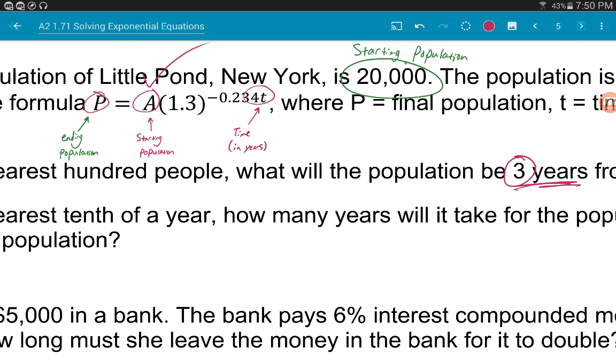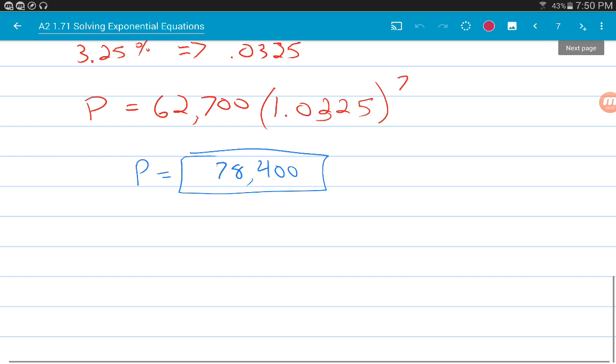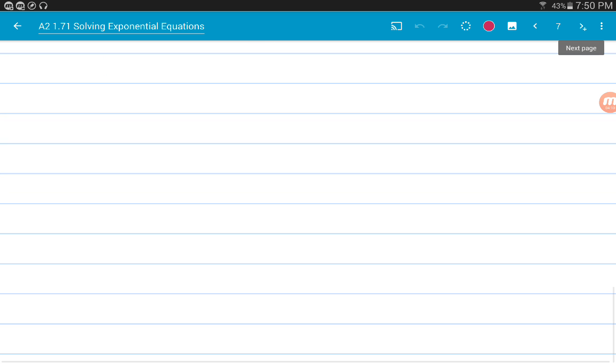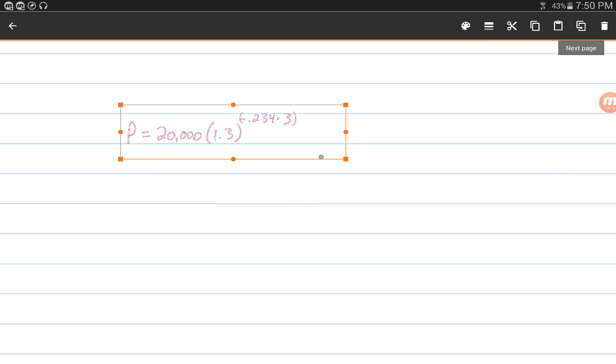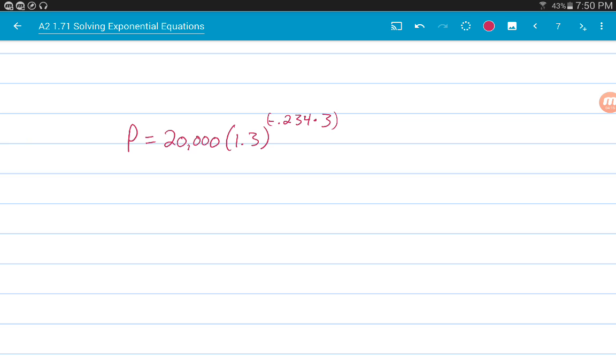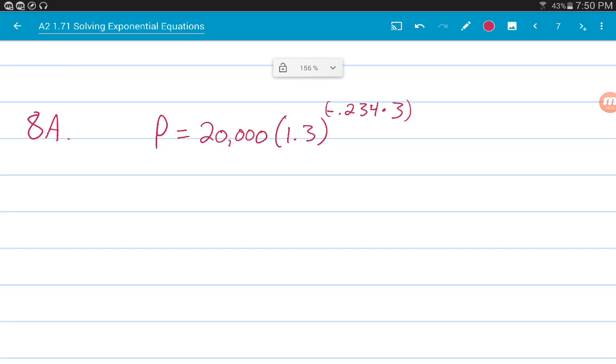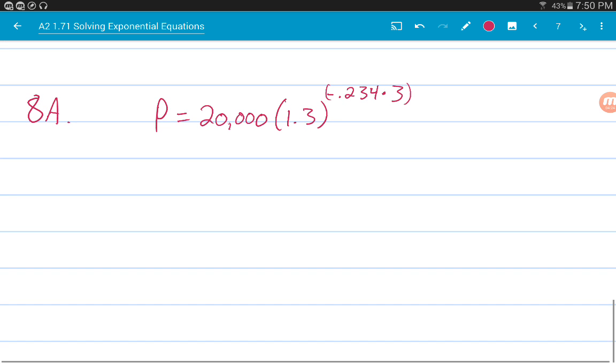I'll pull this over to my loose leaf just because I want some more room. This is for 8A. So we plug this in here. 20,000 times 1.3 raised to the negative 0.234 times 3.